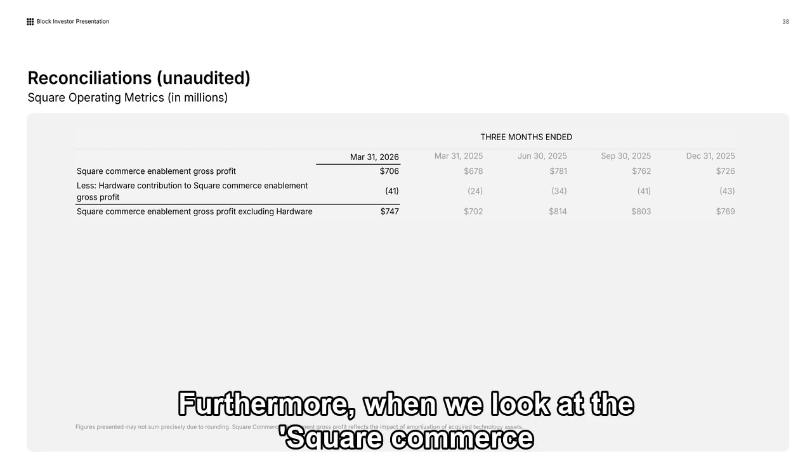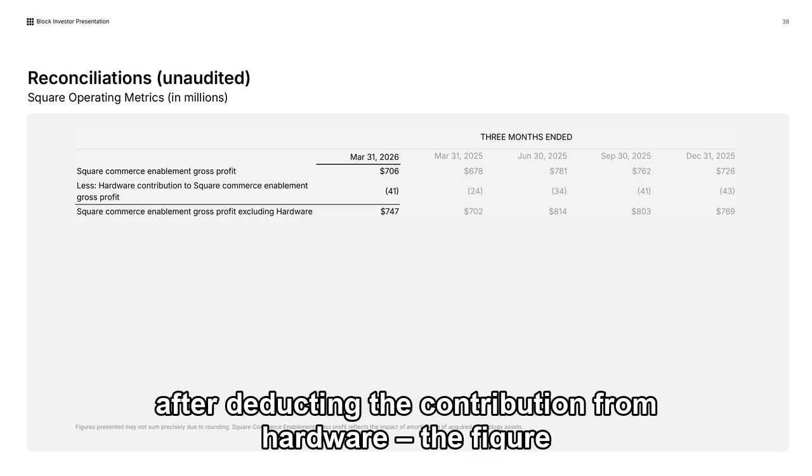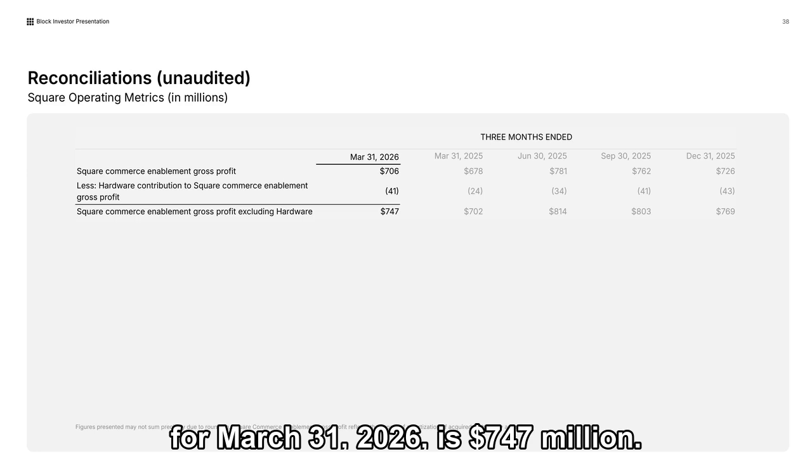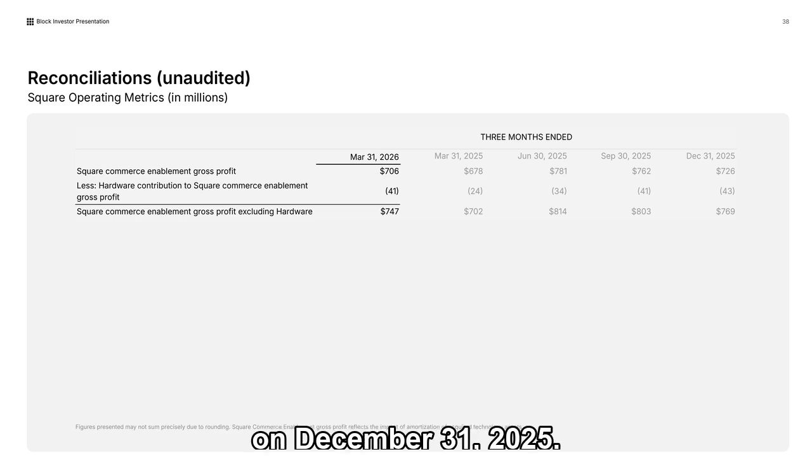Furthermore, when we look at the Square Commerce Enablement gross profit excluding hardware, that is, after deducting the contribution from hardware, the figure for March 31, 2026, is $747 million. This also represents a decline from $769 million reported on December 31, 2025.